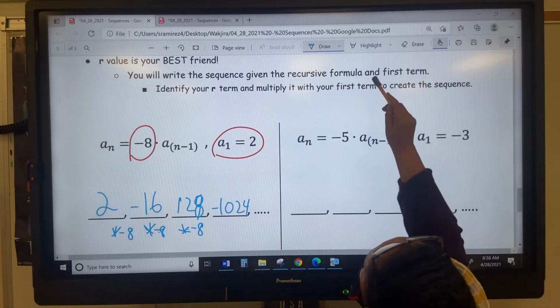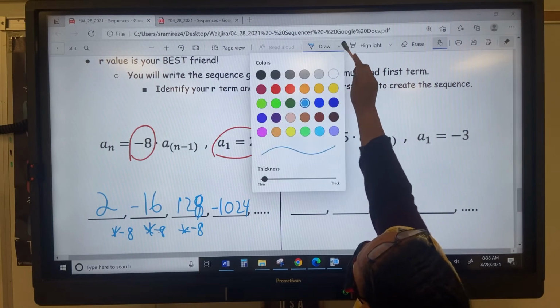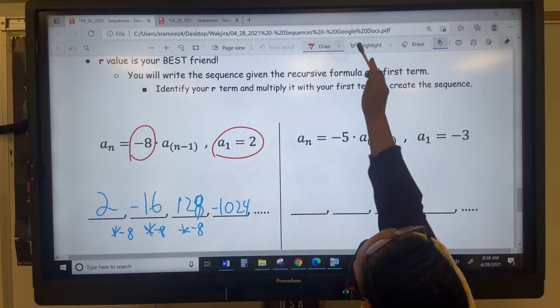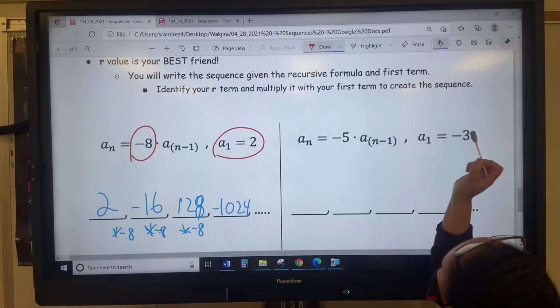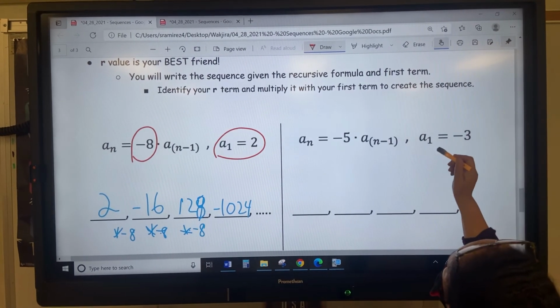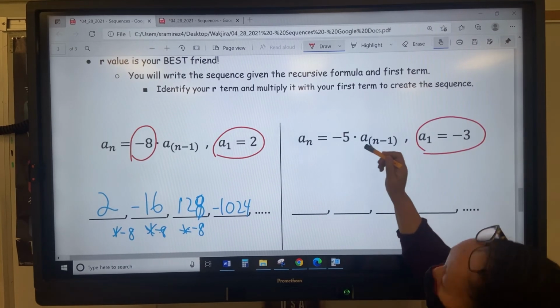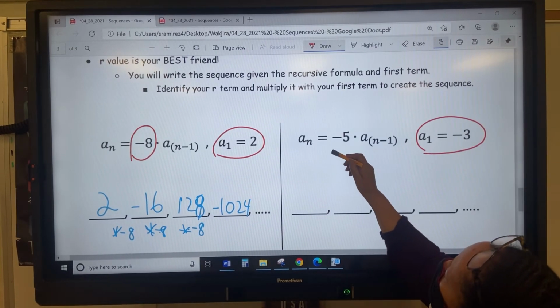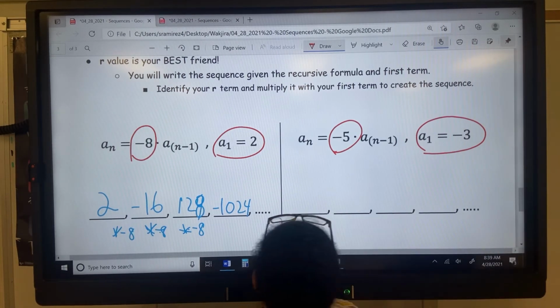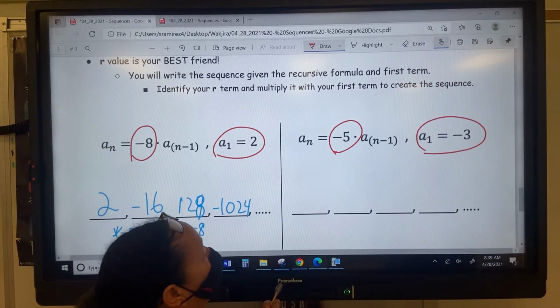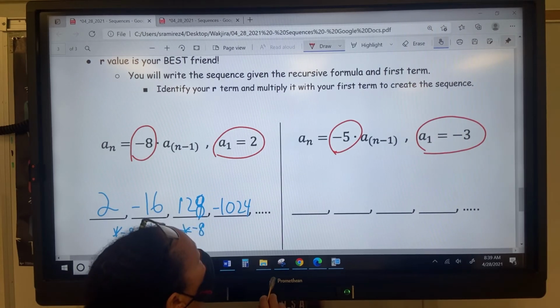Okay, I'm back again. We've been given A1 right here and R right here. Since we have our R, that is multiplication, as we said before.